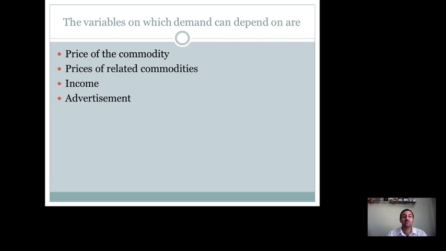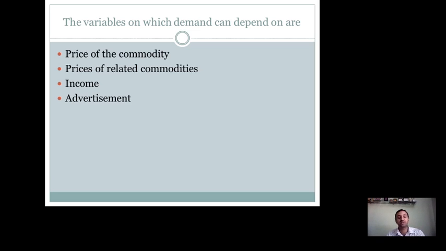The next is advertisement. Advertisement will also make an impact on the quantity demanded, or the changes in the quantity demanded. So the advertisement will make an impact on the quantity demanded, and the responsiveness or the change is measured.